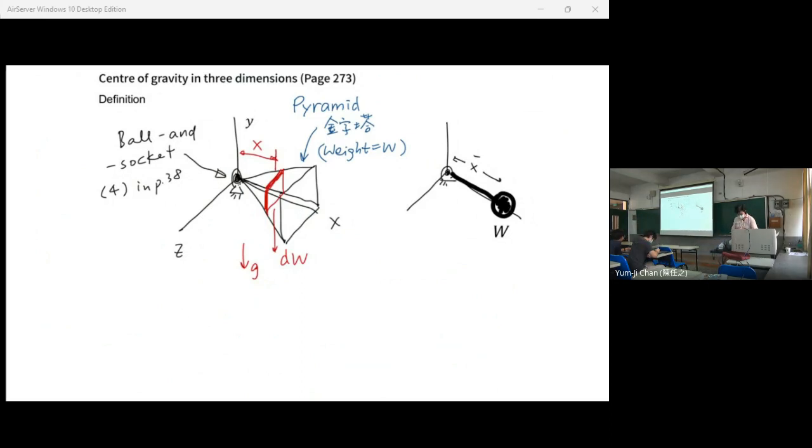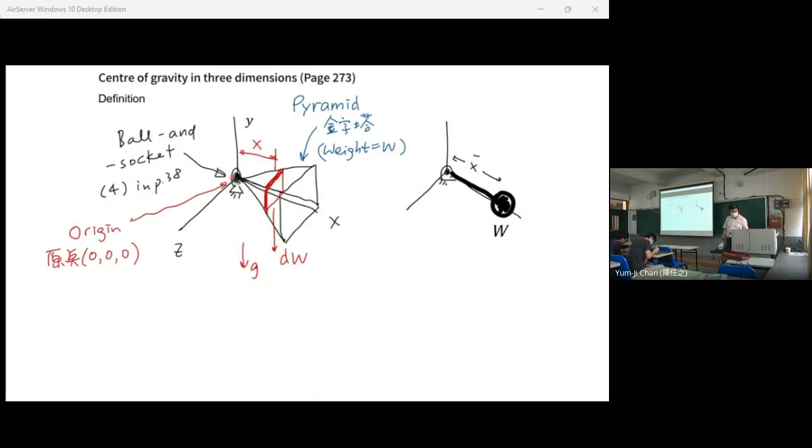So we have a pyramid and we have a ball and socket joint at the origin.